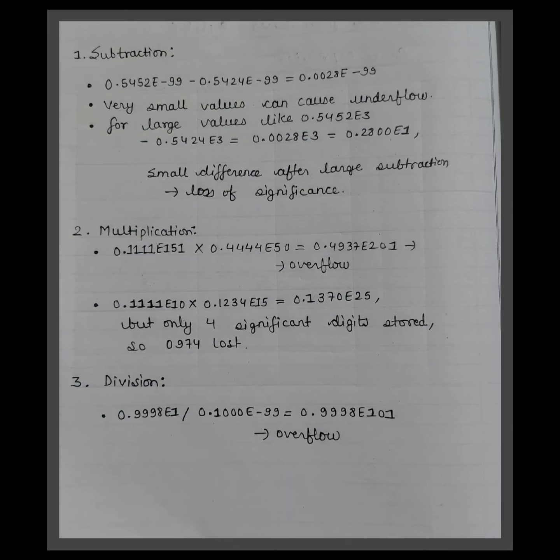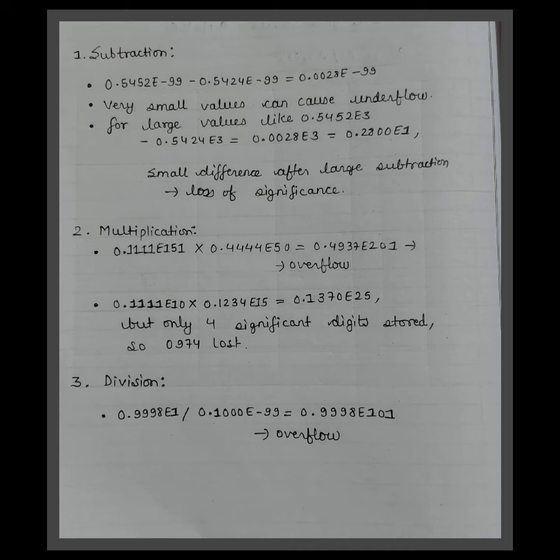Here for subtraction we need to compute the values of n1 and n2 and find the difference between n1 and n2. So we get 0.5452e-99 minus 0.5424e-99 equals 0.0028e-99.